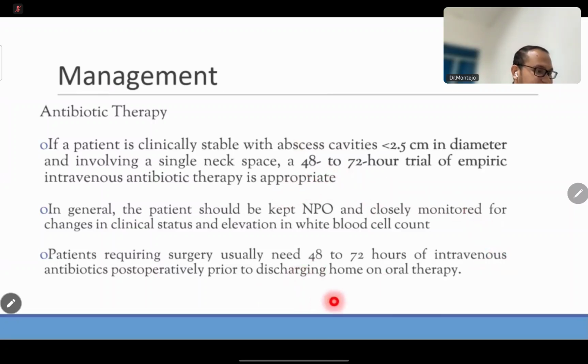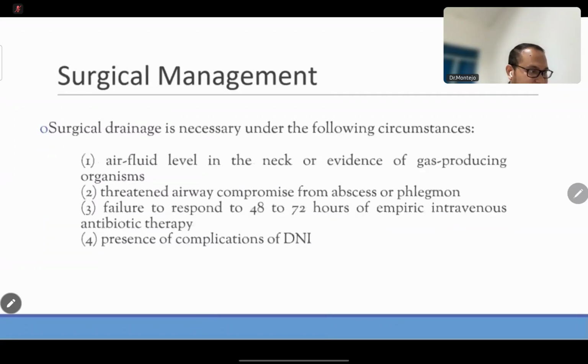In general, patients should be kept NPO and closely monitored for changes in clinical status. So you can do your serial CBC and even C-reactive protein tests. Then patients requiring surgery usually need 48 to 72 hours of IV antibiotics post-op prior to discharging home on oral therapy.